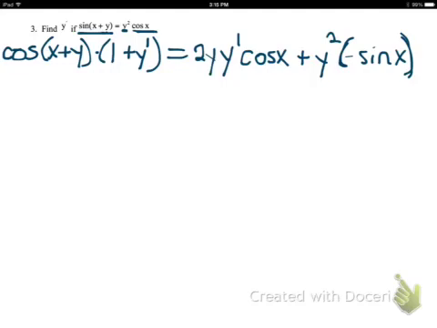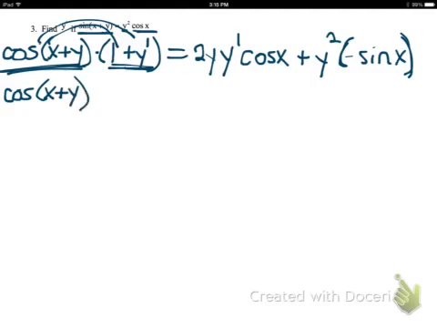Okay? Now, in order to solve for y prime, I have to first distribute the left side. So it's this quantity times these two terms. So I'm going to have to actually distribute the cosine of (x plus y). So I'd have cosine of (x plus y), plus y prime cosine of (x plus y).